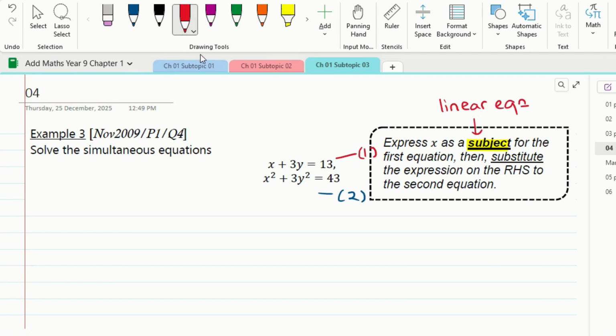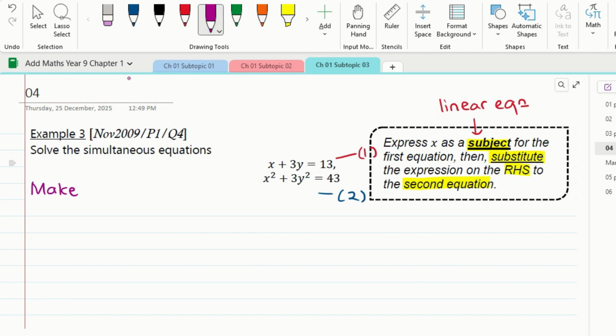Okay, so in this case, we can make x the subject for the first equation, and what you can do afterwards is substitute the expression on the right hand side into the second equation.